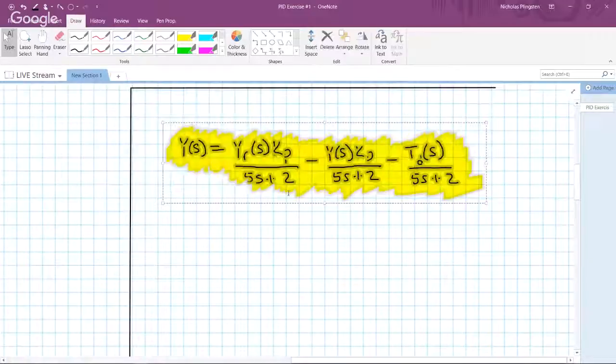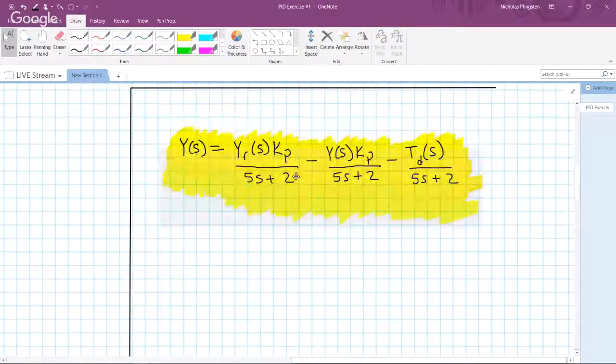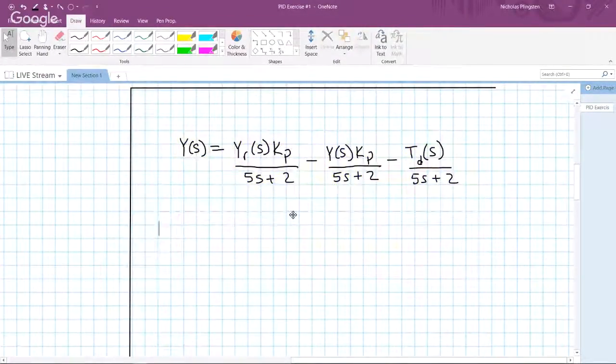Okay. So, copying this down. In this case, we have the expression that shows us everything. And because we're only concerned with the disturbance, the original input goes away entirely.